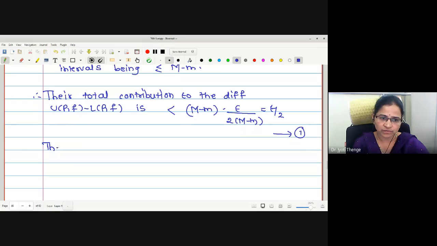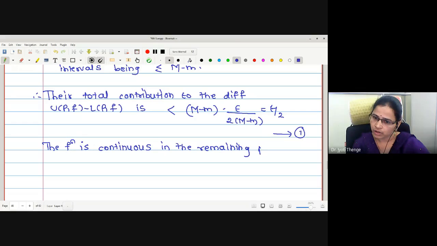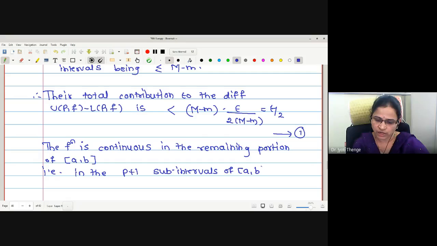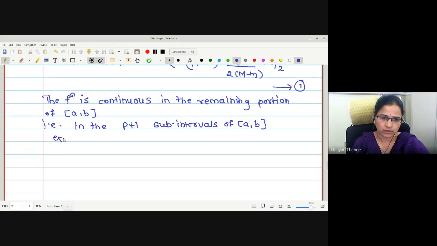The function f is continuous in the remaining portion of closed interval AB, that is, in the P plus 1 subintervals of closed interval AB, excluding the P subintervals considered above.